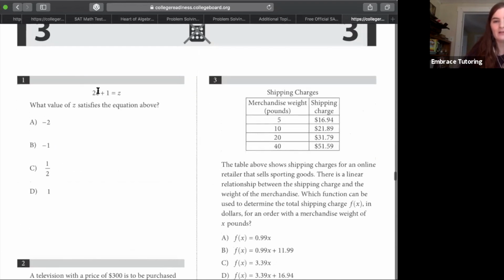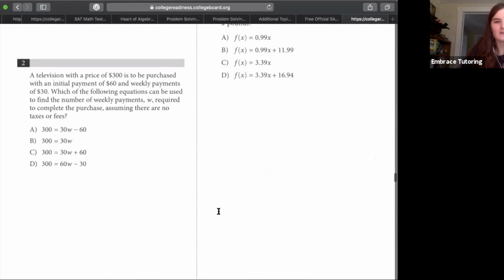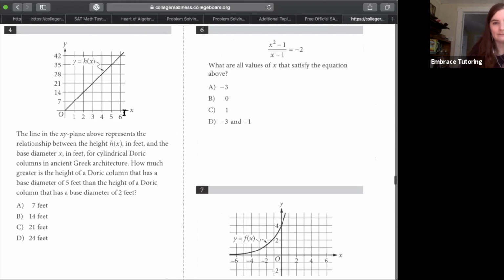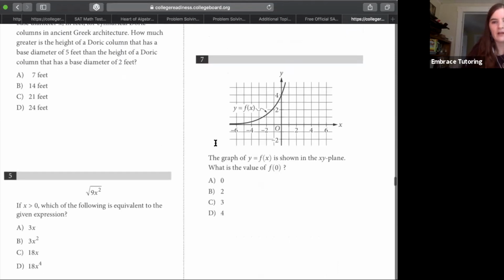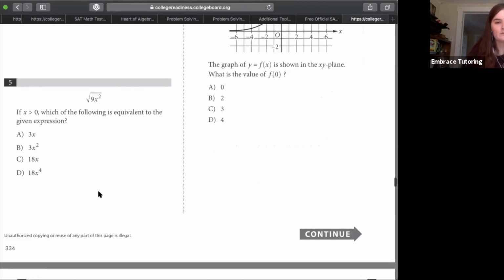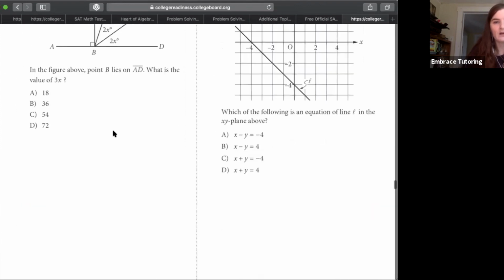So you have basic algebraic equations. You have function type questions. You have arithmetic type questions, basically just using variables. You have questions using XY planes and figuring out straight lines and different things like that, figuring out curves, square roots with variables and squared exponents, and different things like that.